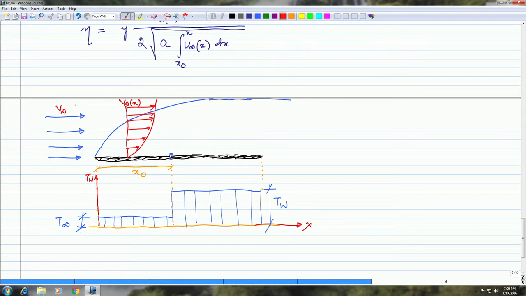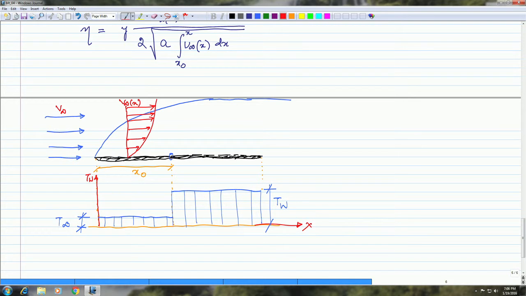From the origin of the flat plate till about x naught is what we get. Now from x naught you have a jump in the wall temperature, isn't it? So you have a T infinity and a T W, and T W minus T infinity is positive.